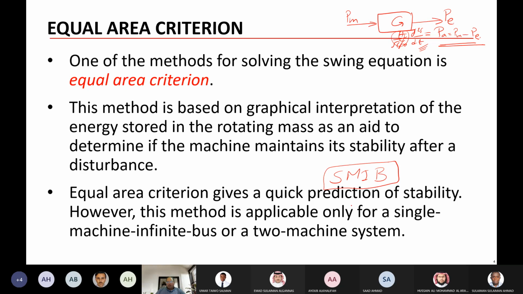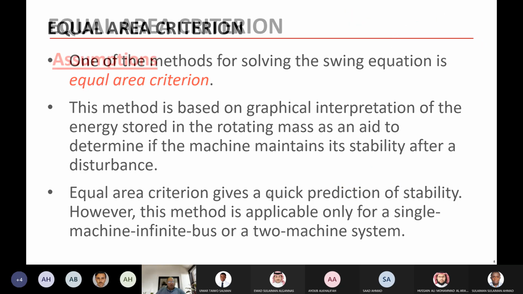Of course, this is some kind of approximation, and you neglect all the interaction among the generators in this case. So this is the limitation of equal area criteria: only single machine infinite bus.